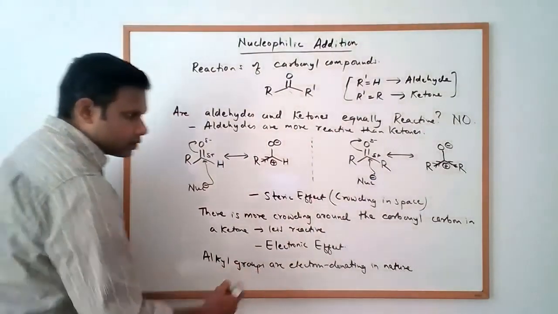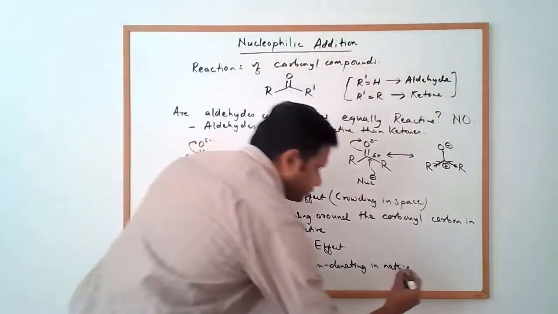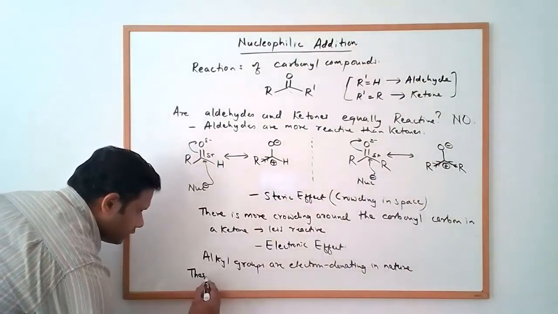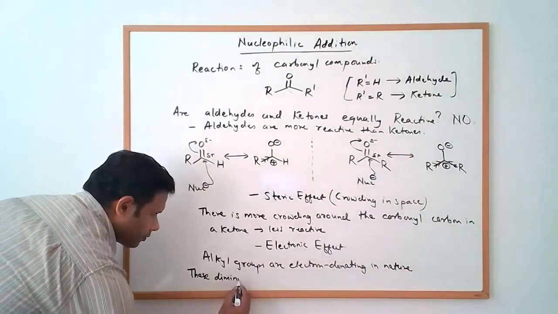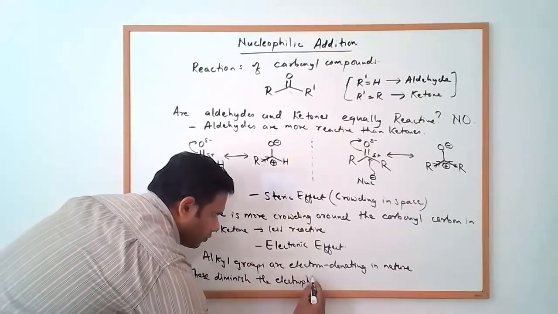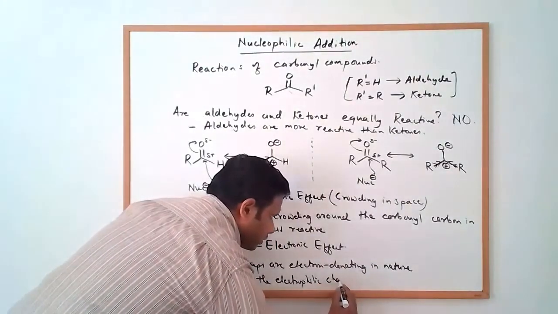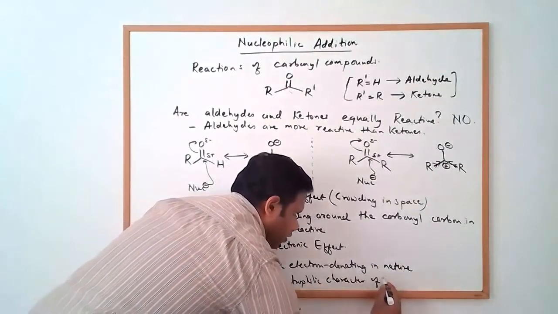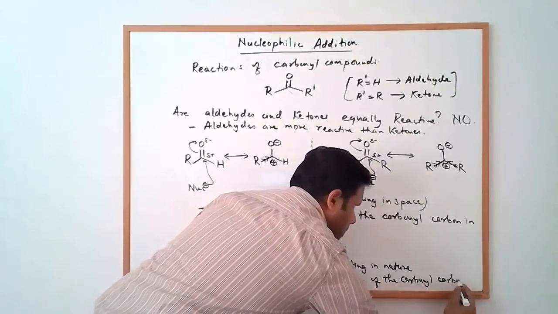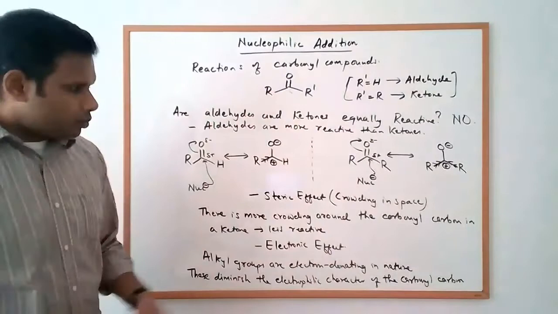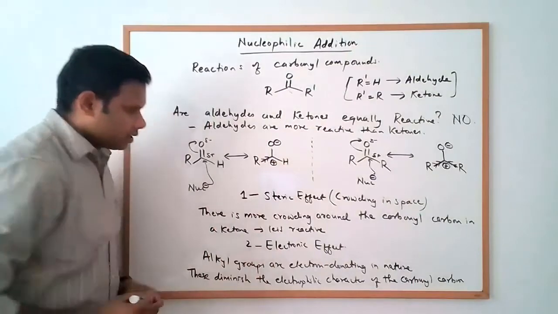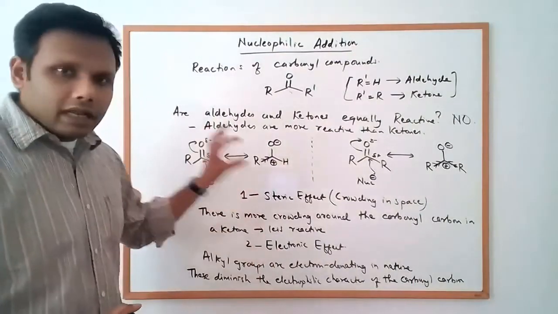Okay, so alkyl groups are electron donating in nature, and what this does is it diminishes the electrophilic character of the carbonyl carbon.